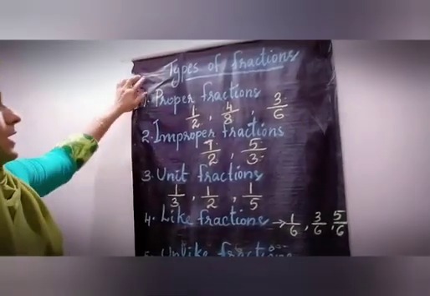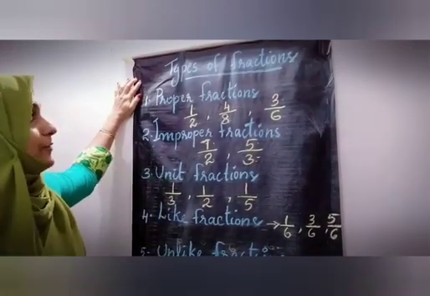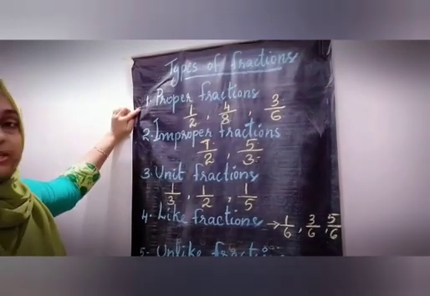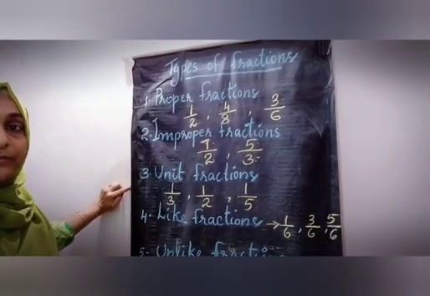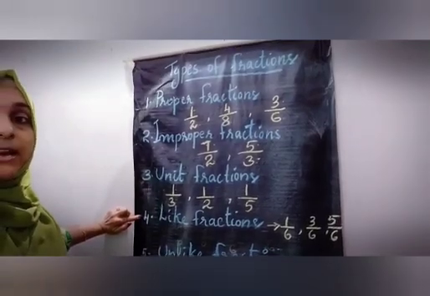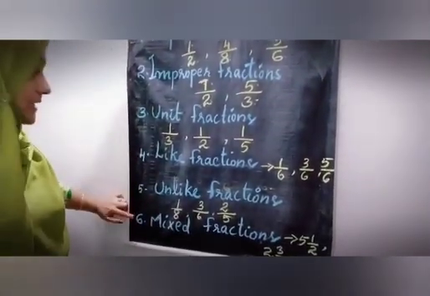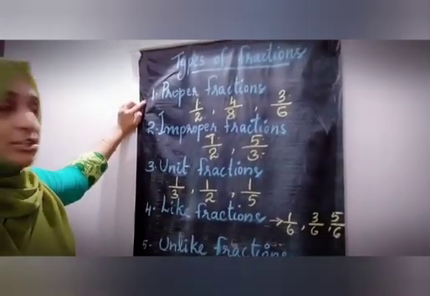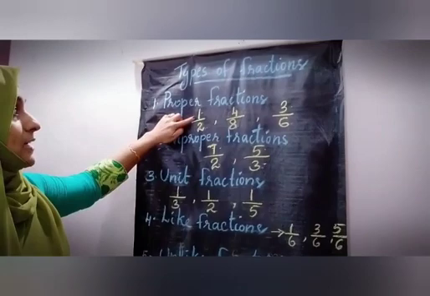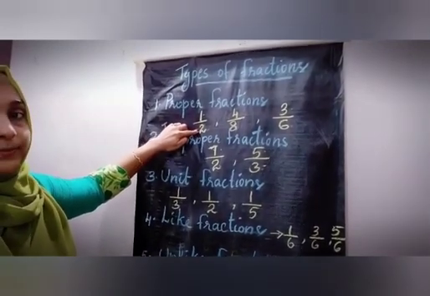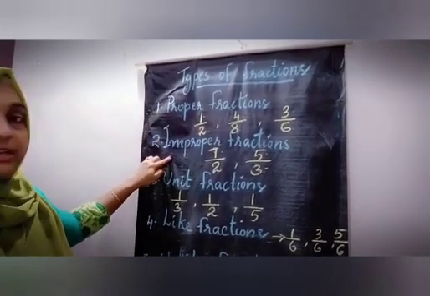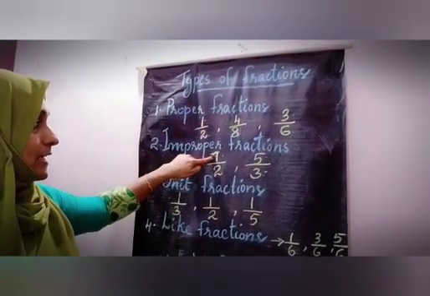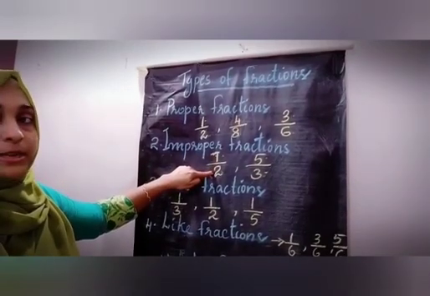Clear? Types of fractions. Fractions can be classified into 6 types. They are proper fraction, improper fraction, unit fraction, like fractions, unlike fractions, and mixed fractions. Proper fraction means the numerator is lesser than the denominator. Improper fraction means the numerator is greater than the denominator.